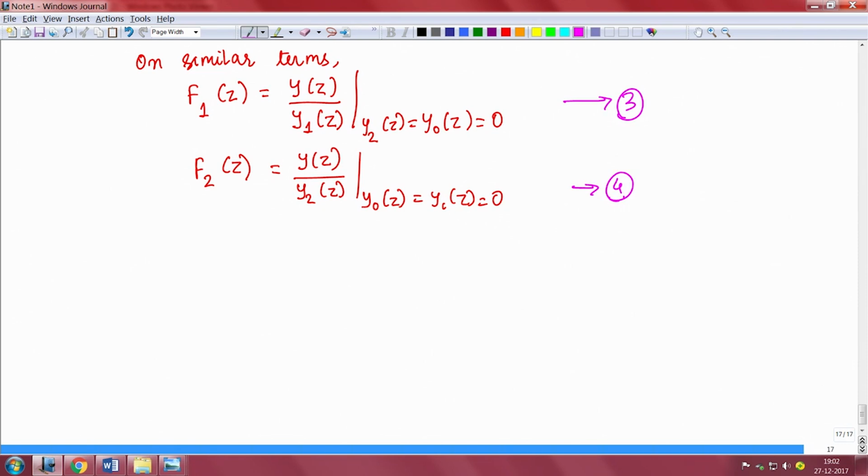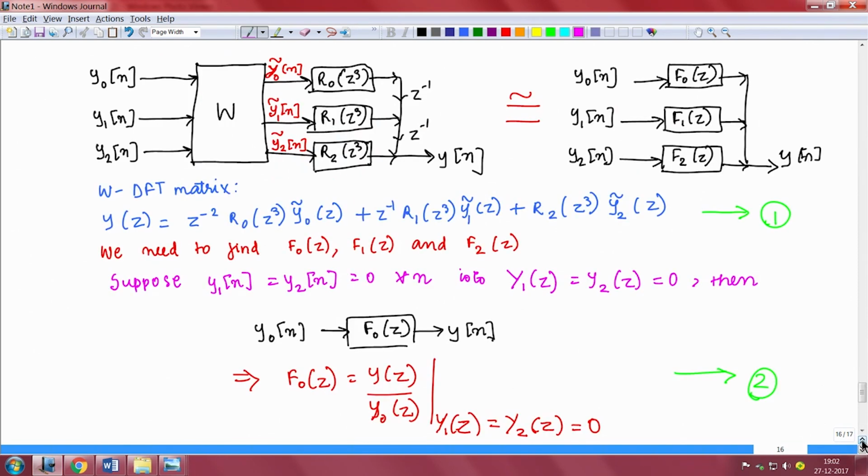Okay. So, now going back to this particular part, let us obtain the equation.